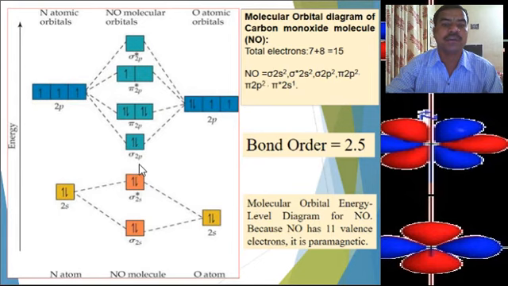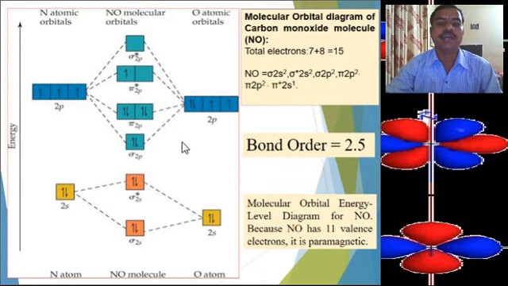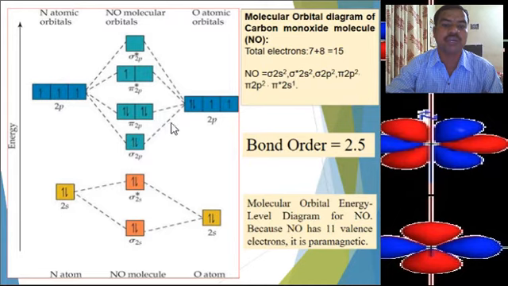Then the 2p orbitals in the N atom and O atom. Here sigma 2p and pi 2p are the bonding molecular orbitals, and pi star 2p and sigma star 2p are the antibonding molecular orbitals. In the molecular orbital diagram of the NO molecule, these are the bonding molecular orbitals. These 2 electrons, these 2 electrons, these 2 electrons, and these 2 electrons, total 8 electrons in the bonding molecular orbitals, and all these are paired.